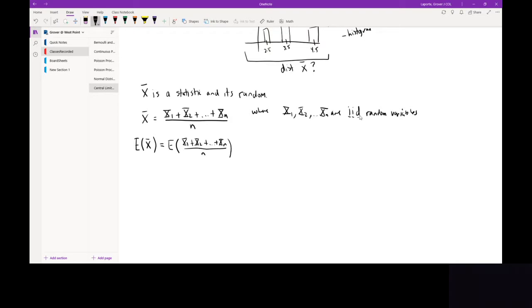And it shouldn't surprise you that X bar is random, because x1 is random, x2 is random, all of these are random. And it has a distribution. That's what we're trying to figure out. So what is the expected value of that distribution? Well, we're about to figure that out.